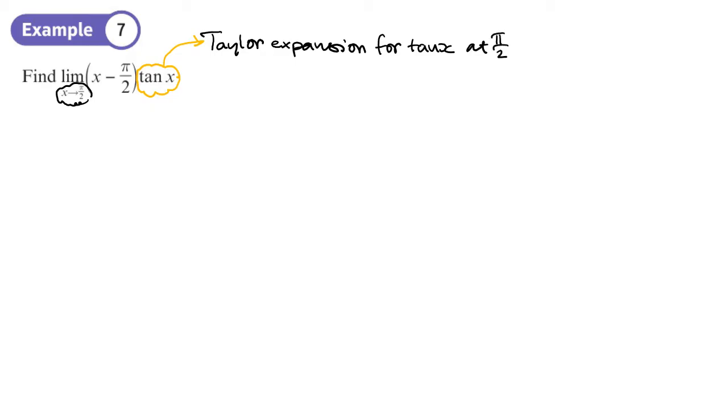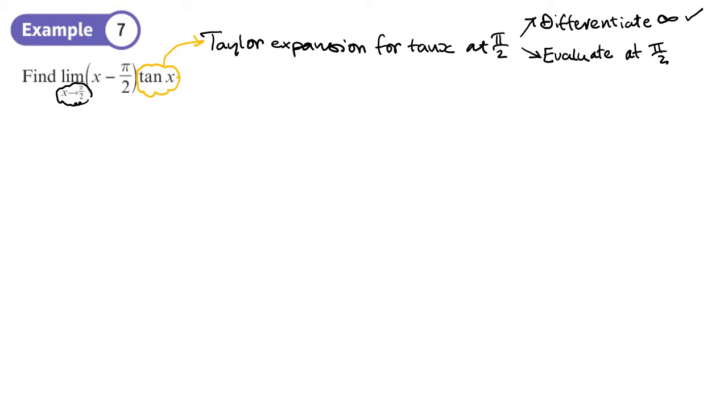To do any type of expansion, you need to be able to differentiate an infinite number of times. And with tan x, we can do that because you differentiate tan, it becomes sec squared, and you can differentiate that, so that's not a problem. But you also need to be able to evaluate that function at a particular value. So what we need to be able to do is to evaluate all of the derivatives at pi over 2.